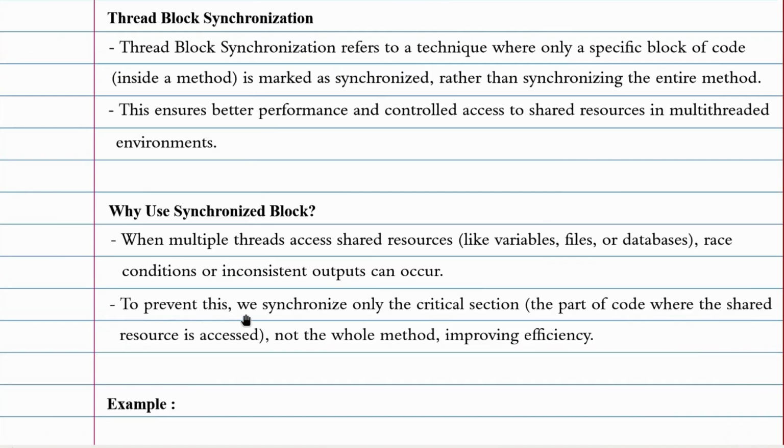To prevent this, we synchronize only the critical section, that is the part of code where the shared resource is accessed, not the whole method, improving efficiency. As I discussed earlier, we do not make the whole method synchronized. We synchronize only the block of code, and the rest of the method will be in a multi-threaded environment. So the time required to execute the program will be very less, and it also improves efficiency.